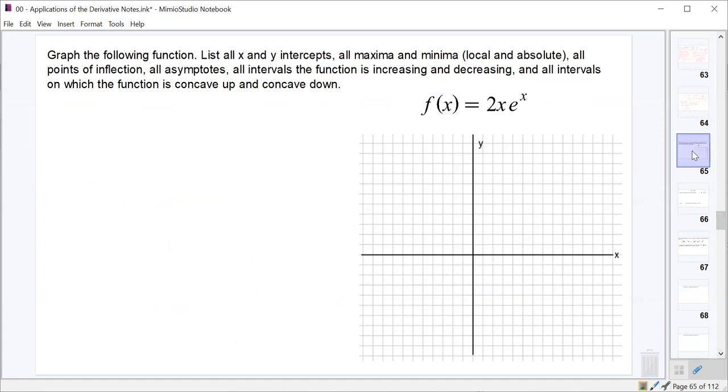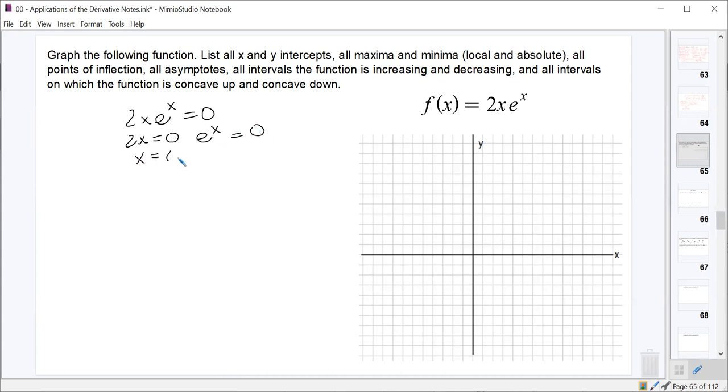This is the last one we're going to do today. We're going to look at f of x equals 2x times e to the x. So the first thing that we'll do is once again set our function equal to 0, which tells us that either 2x equals 0 or e to the x equals 0.